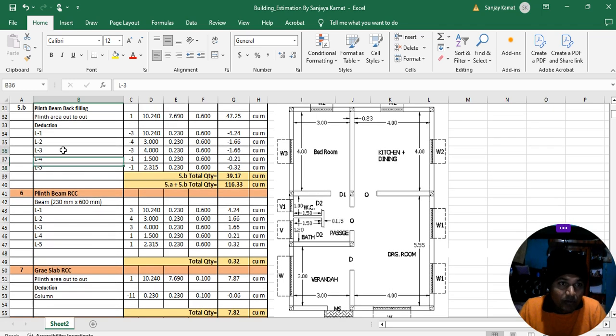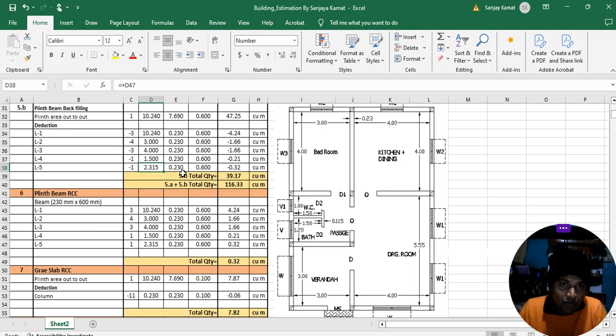Similarly, you can do it for L3, L4, L5. For L3 we will again take minus 3, L4 will take minus 1, and L5 will take minus 1. Again we reduce the length: here we will take 3 meter, here 4 meter, here 1.5 meter, and for the length of beam 5 we will take 2.315 meter.